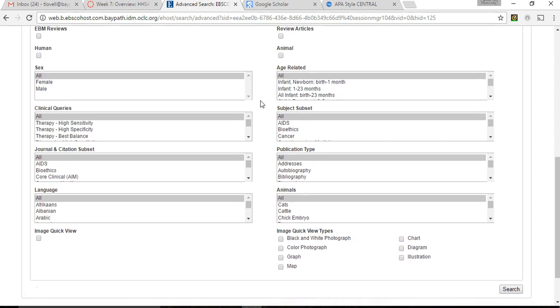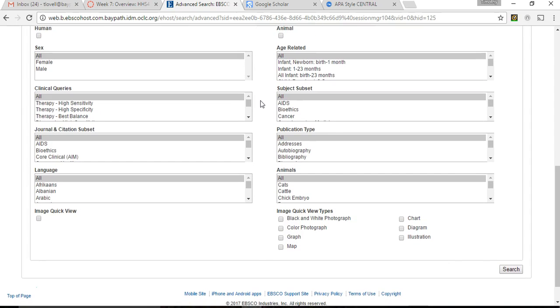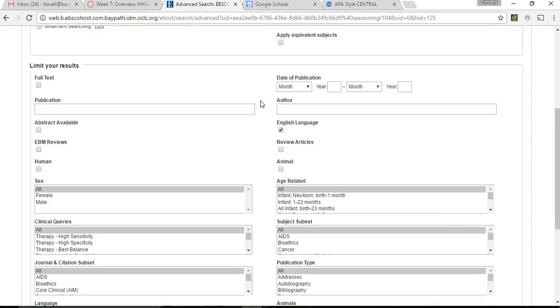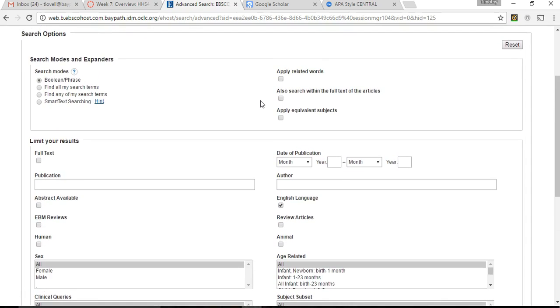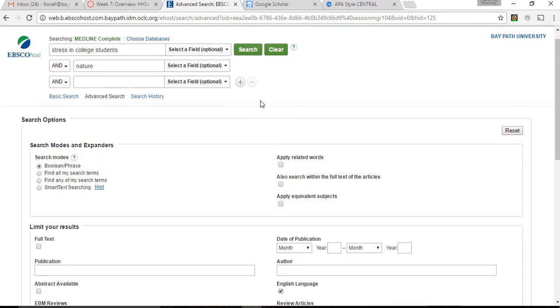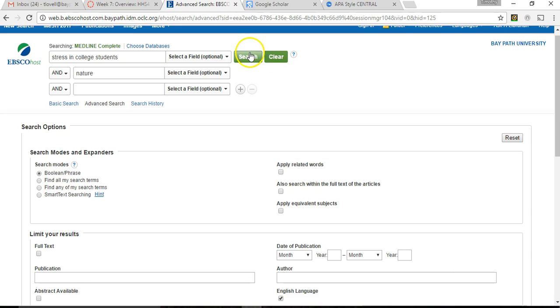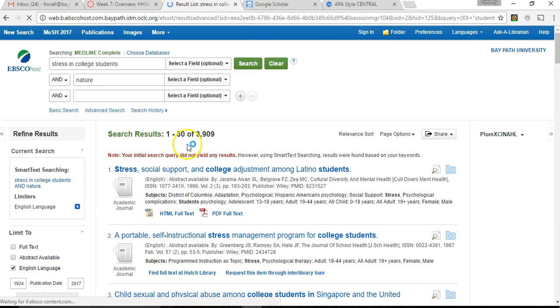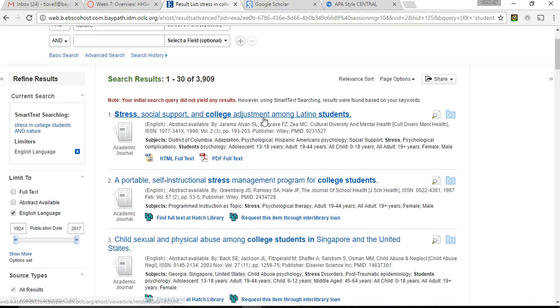And let's see. I think that's all I'm going to do for now, actually. And let's just see what pops up. So 1 to 30 of 3,909. So let's limit that. Well, let's first change.